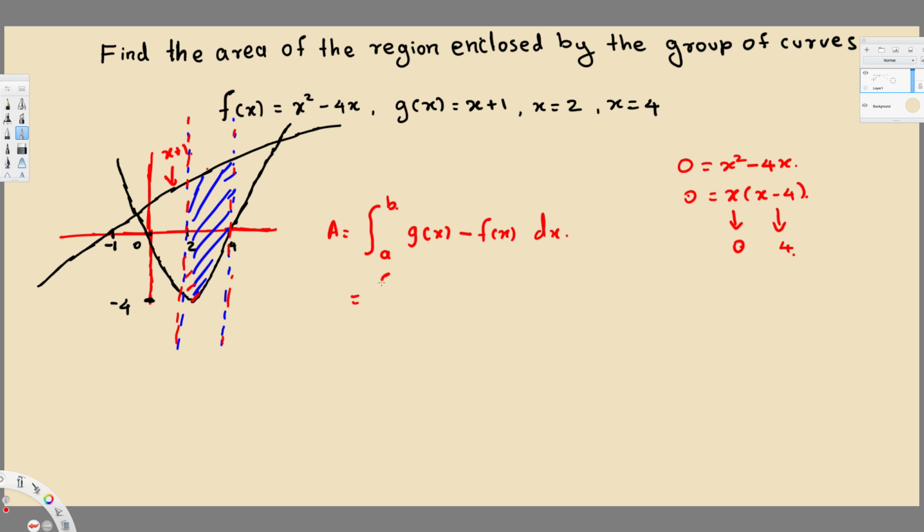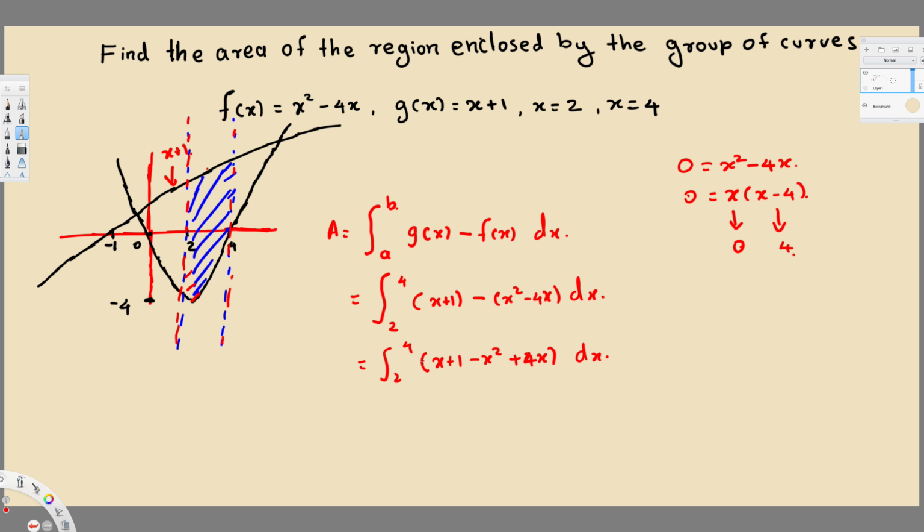So here we know the limits of integration, that's going from 2 to 4. So 2 to 4, g of x is x plus 1, minus f of x, which is x square minus 4x, dx, right? Let's simplify this one. So this is the integral from 2 to 4 of x plus 1 minus x square plus 4x dx.